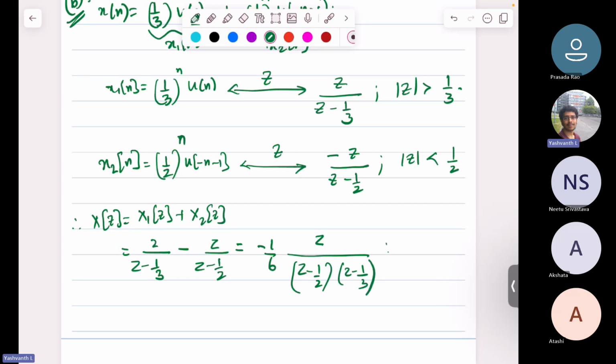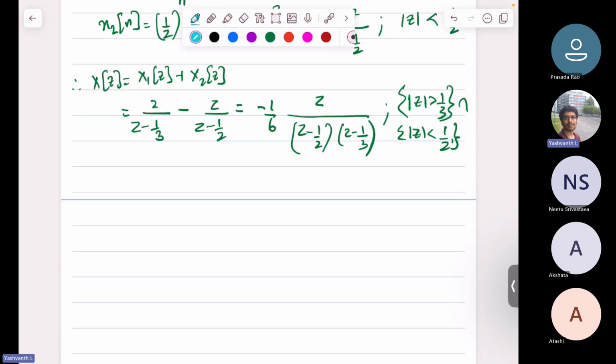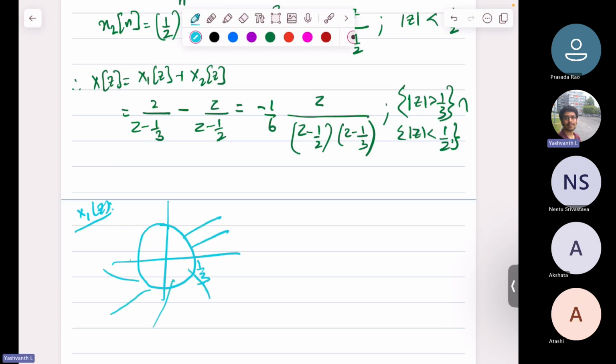Now what is your ROC? Mod z greater than 1 by 3 intersection mod z less than half. Let's now see what is the intersection. For x1 of z, I'm just drawing the ROC: mod z greater than 1 by 3. This is 1 by 3, and this is the ROC.